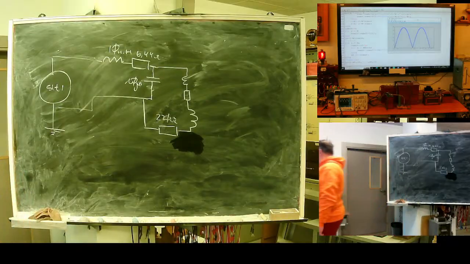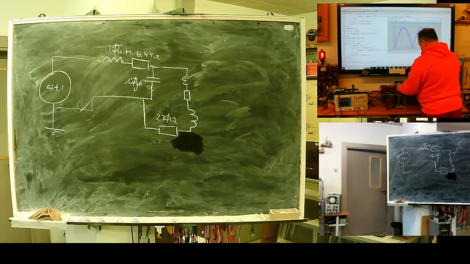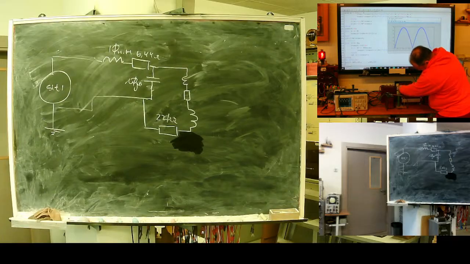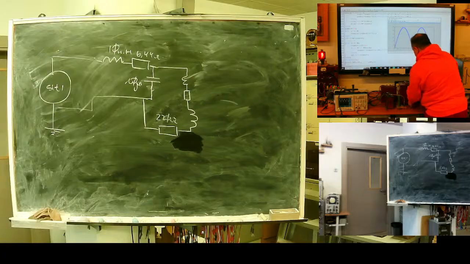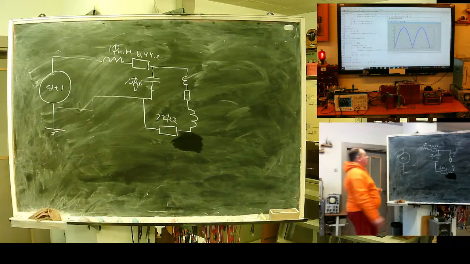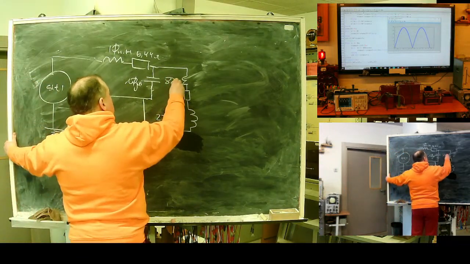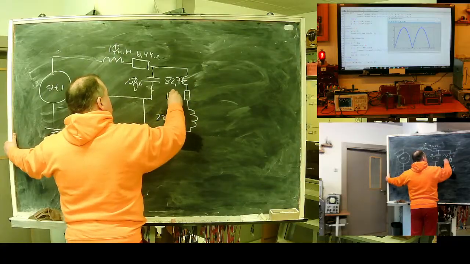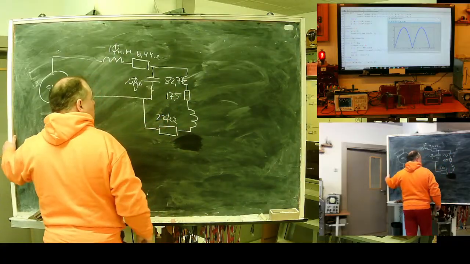Data for my coil. Primary 17.5 ohm and 82.77 millihenry. Self 82.77 and 17.5 ohms.